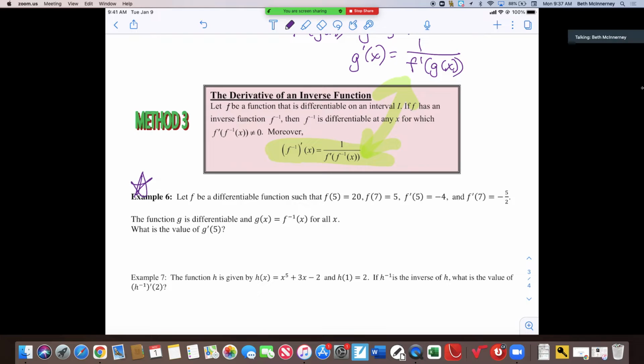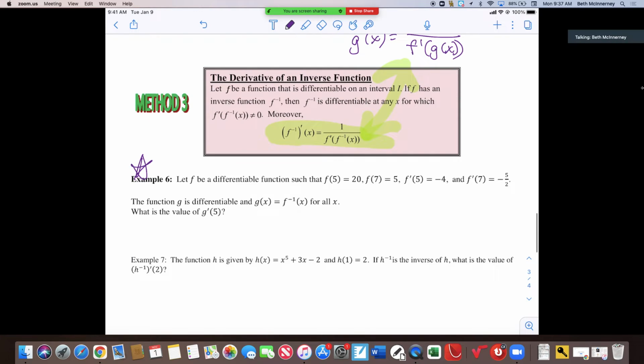So watch what we're going to do. g prime of x is 1 over f prime of g of x. This is what we just determined above. So if I want g prime of 5, that's 1 over f prime of g of 5.